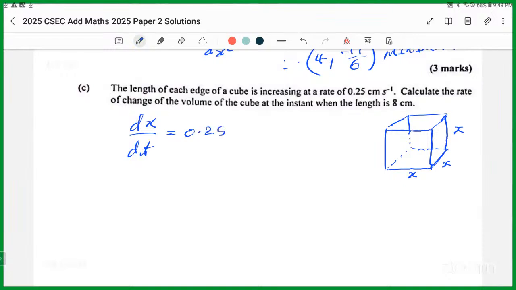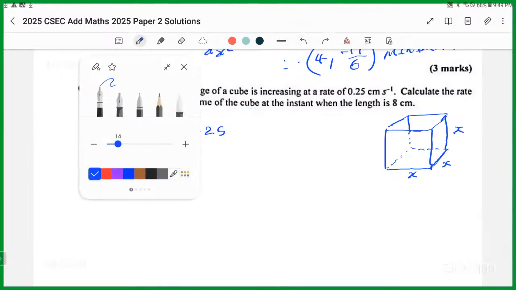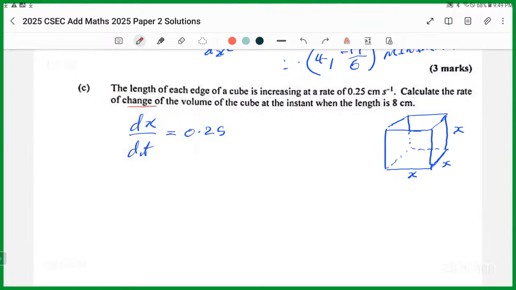It says calculate the rate of change of the volume. So this is asking us for dV by dt. That's what this wants.